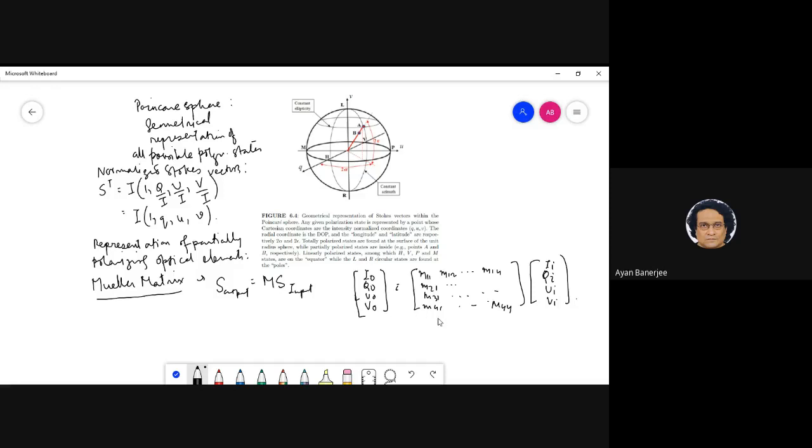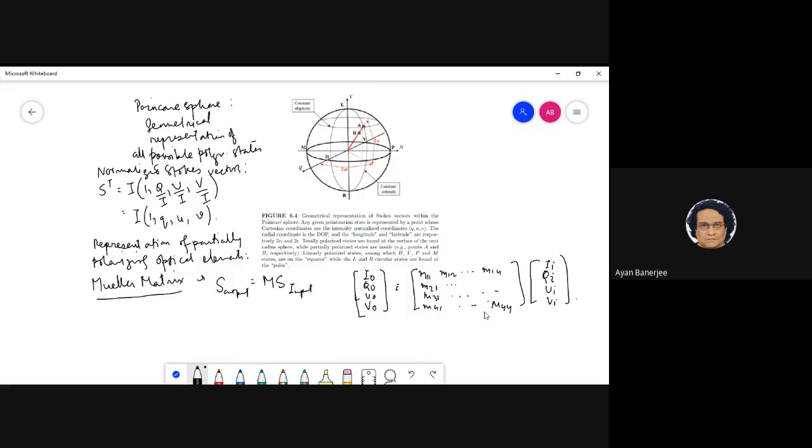Okay, so this is my Muller matrix, and any kind of optical element can be completely described. Completely described. Okay, and there are of course some interesting things that we typically know.